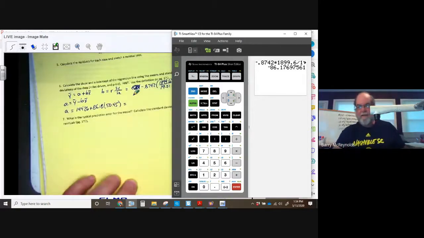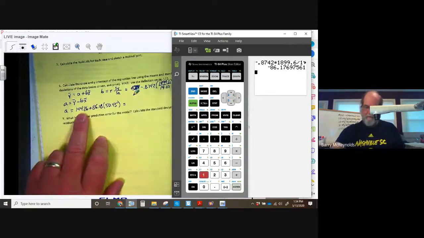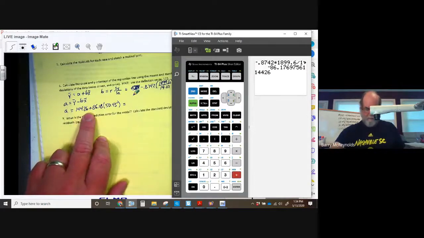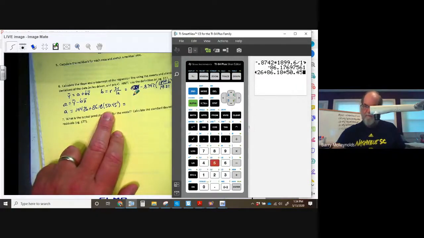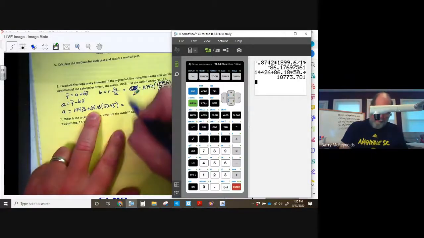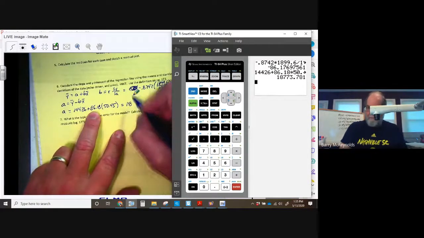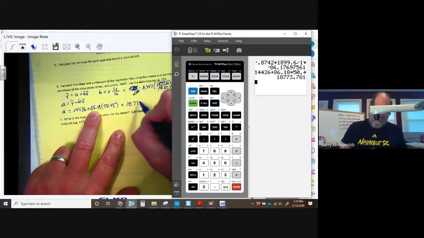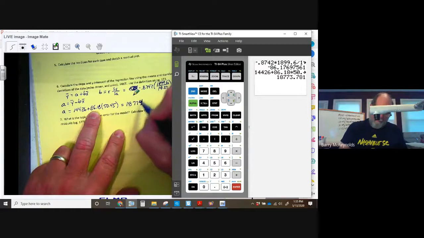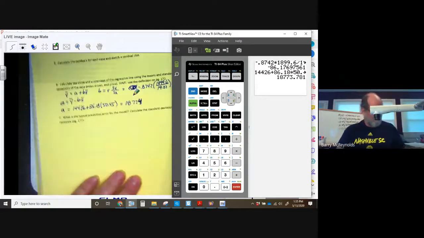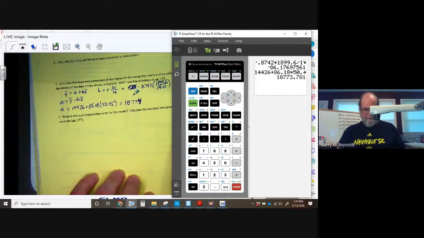And so now when I calculate that, 14,426 plus 86.18 times 50.45, we get A is equal to 18,773. Well, 18,774, we'll call it. And if we look back, that's exactly to 5 decimal places what we got before.